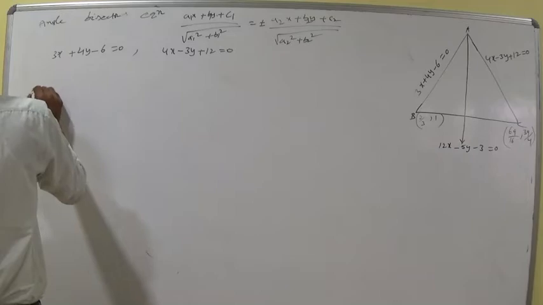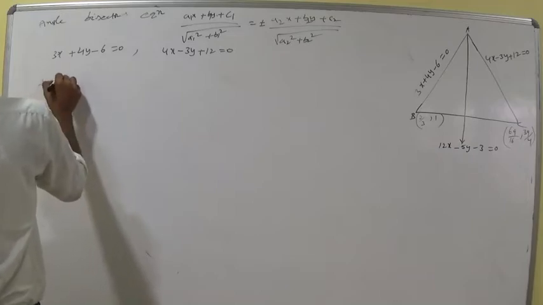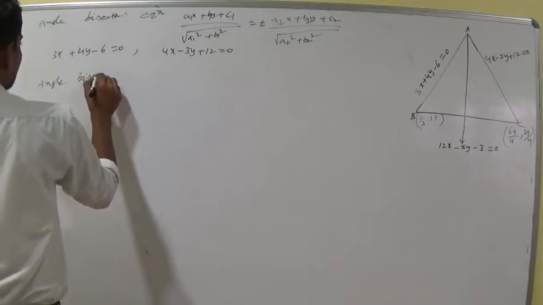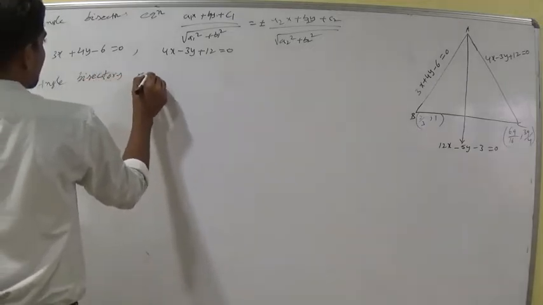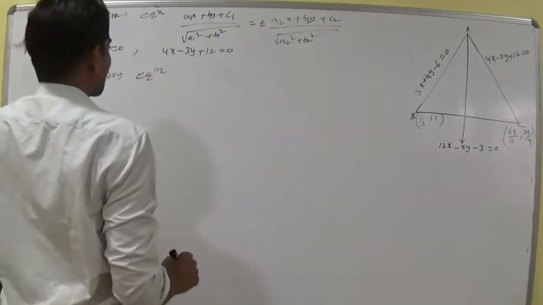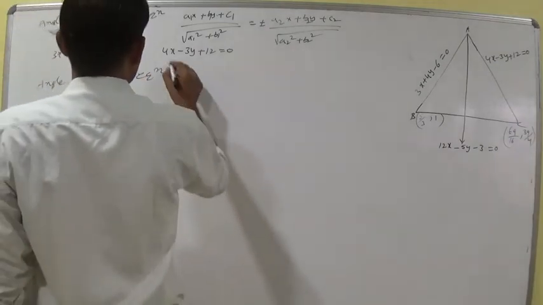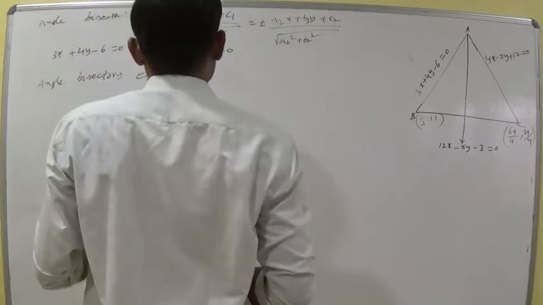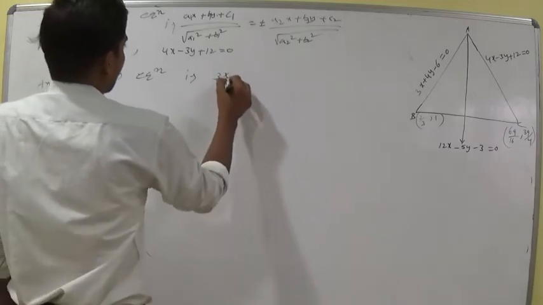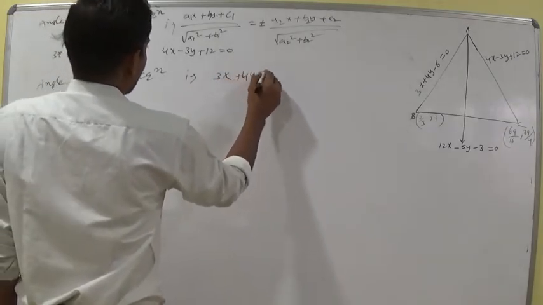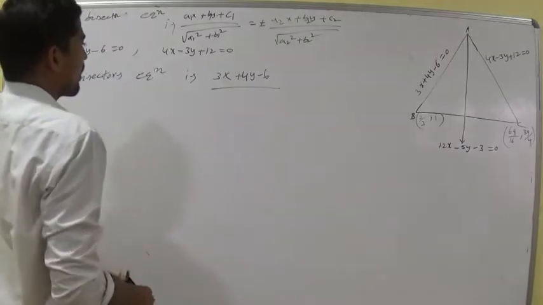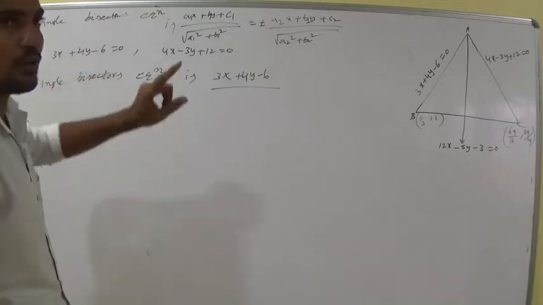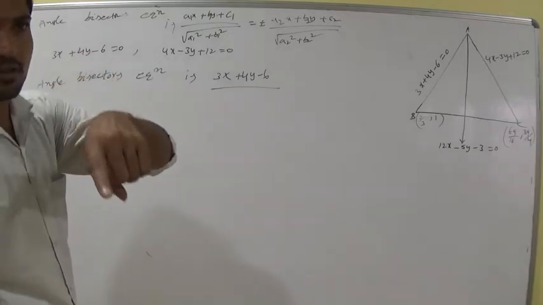And then the angle bisectors equation is: a1x plus b1y plus c1, that means 3x plus 4y minus 6 by square root of a1 square plus b1 square. a1 means 3 and b1 means 4, a1 square means 9, b1 square means 16.